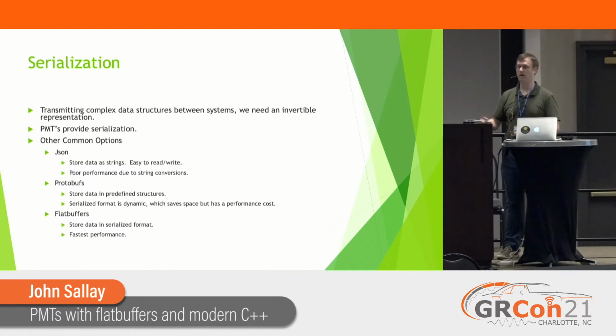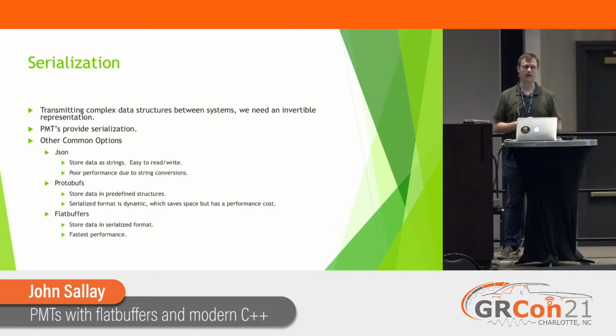I picked 3 that a lot of people are familiar with and that were considered as we were looking at making this change. So JSON is well known and mostly loved by developers. You store data as strings, very easy to read and write, but it's really slow because you're converting things back and forth between strings.